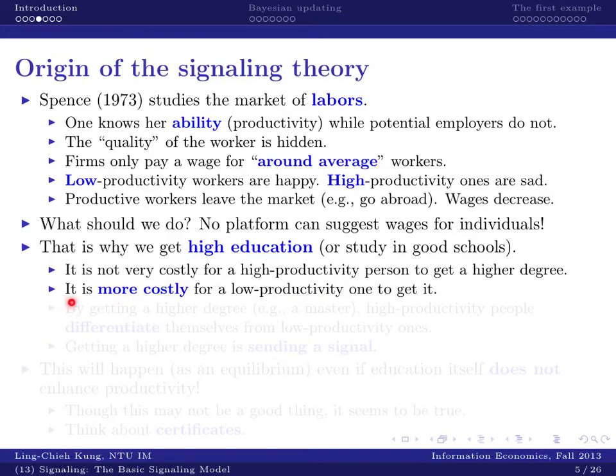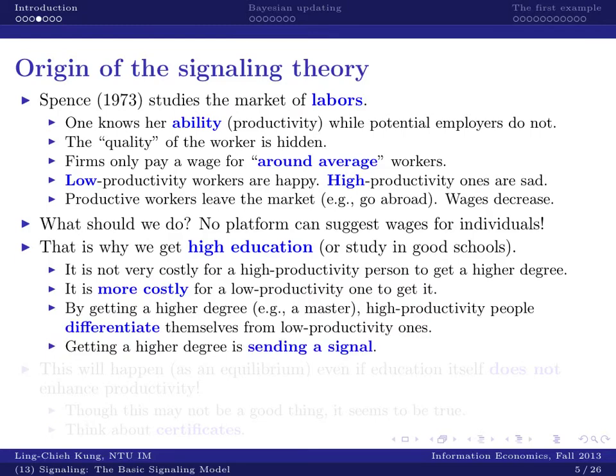It is not so easy for a low productivity person to get a degree, for example, a master degree in a particular field. So in this case, if I am really good, then this is a great opportunity for me to differentiate myself from those low productivity workers.